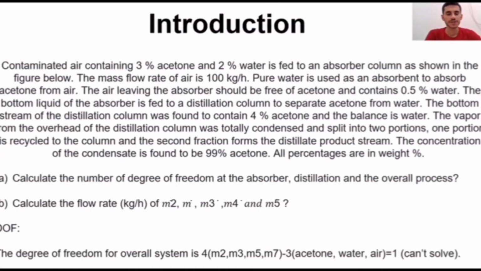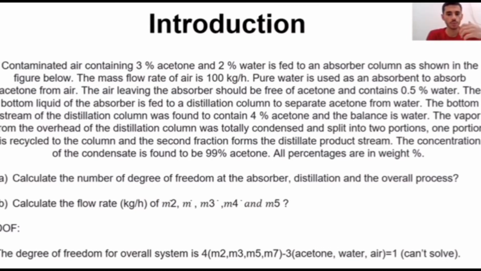Now, after I finished our introduction, I will read our questions and try to explain them. The first question is A. Calculate the number of degrees of freedom at the absorber, distillation, and the overall processes. For this question, the solution needs us to draw a flow chart and draw the inputs, which are masses and weight of water, air, and outputs.